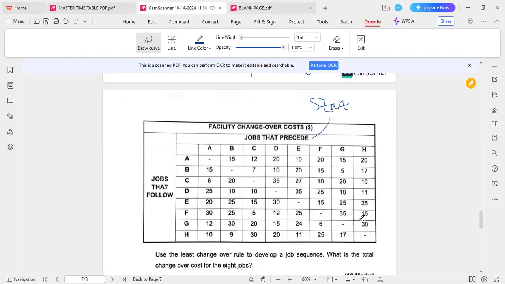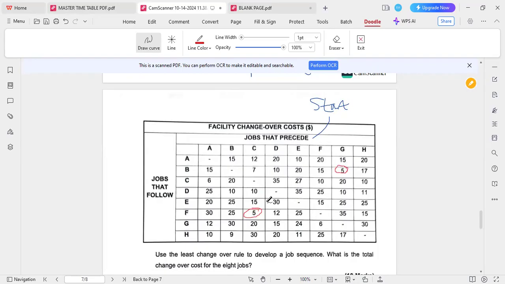And how many fives are we having? There's a 5 here and a 5 here. Yes, they're just 2. So we're going to have 2 job sequences.